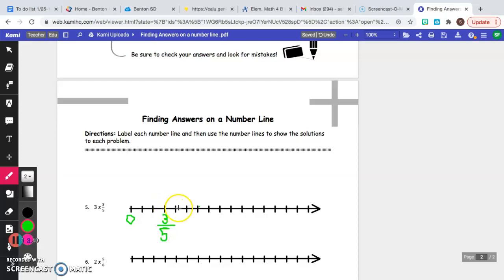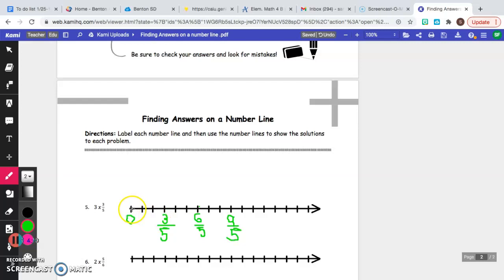Now I'm going to do 1, 2, 3. So I'm going to put 6/5. And then 1, 2, 3, and I'm going to do 9/5. Great.